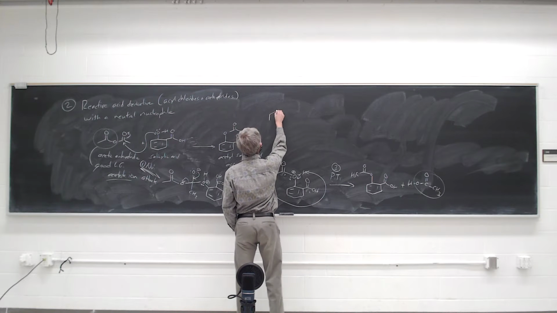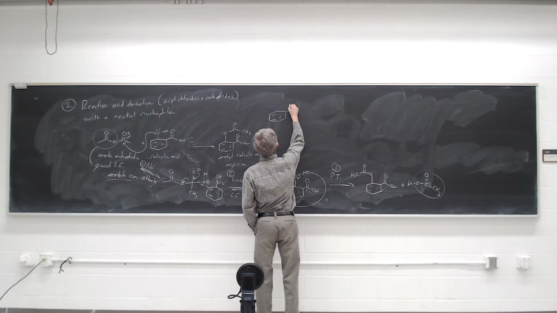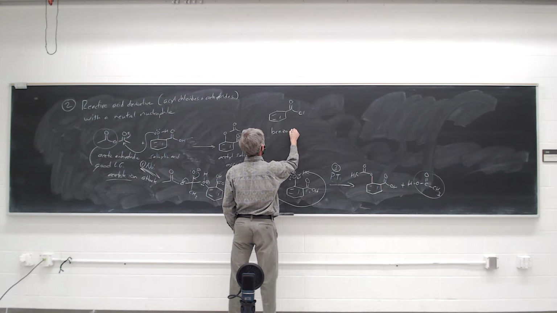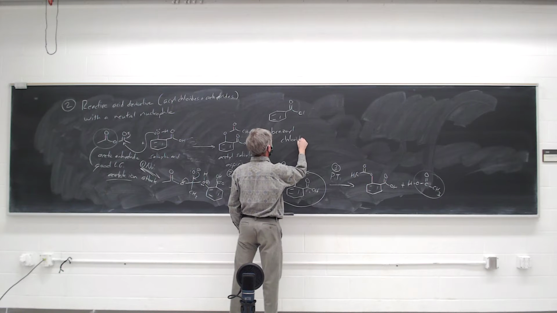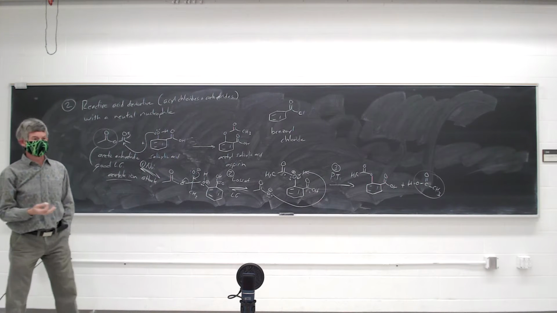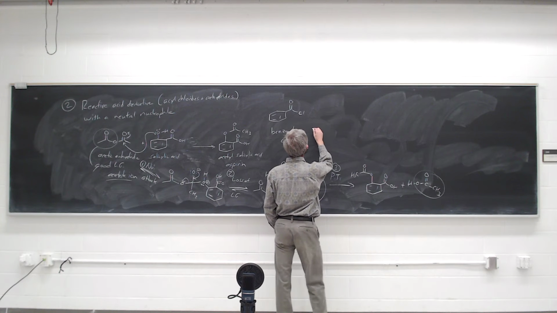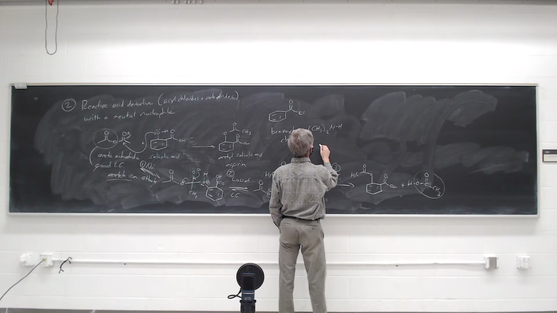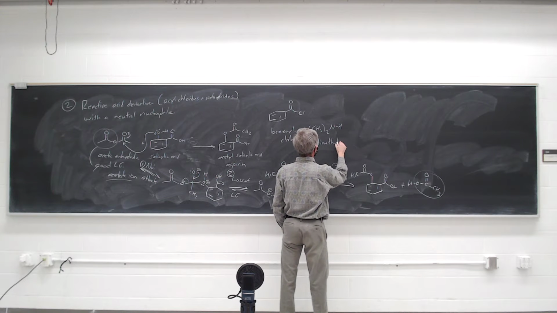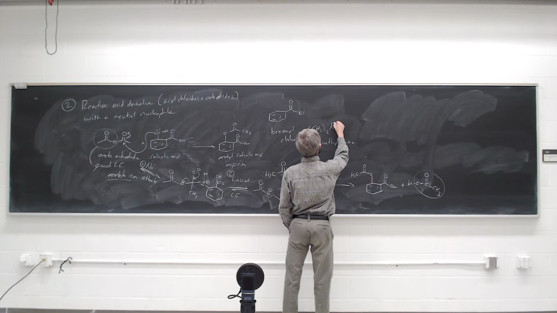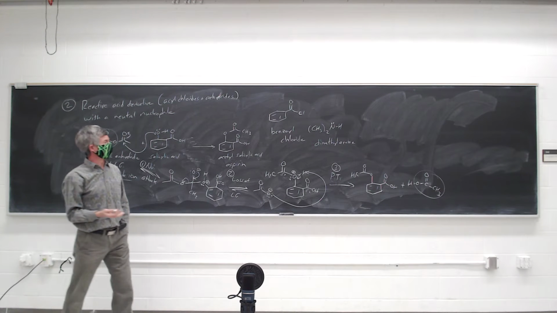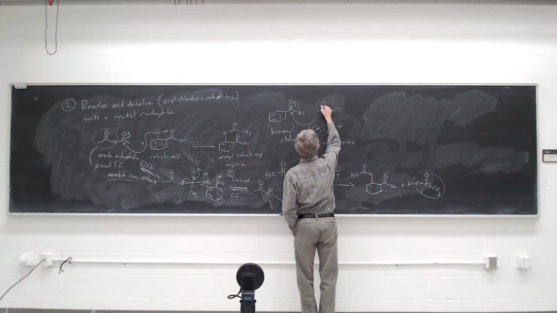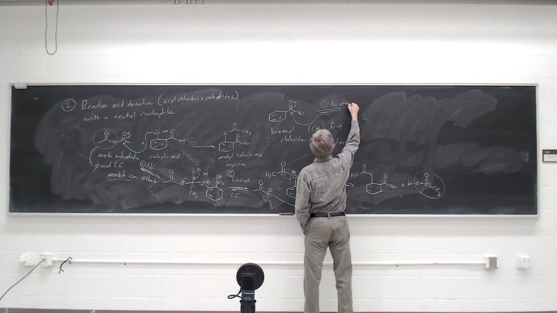So if I were to take benzoyl chloride, and I were to react benzoyl chloride with an amine, in this case, a secondary amine, dimethylamine, I would expect that nucleophilic lone pair on the nitrogen to be able to attack the carbonyl carbon.